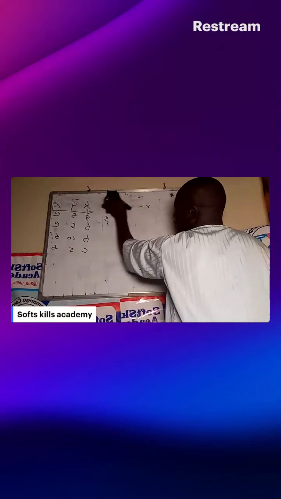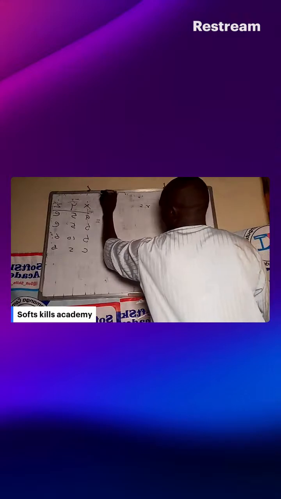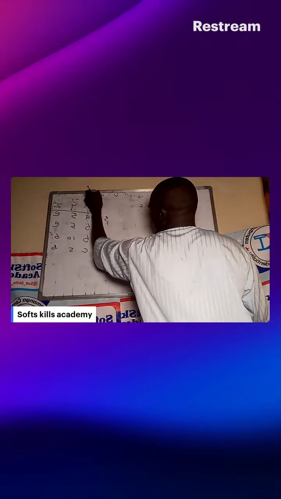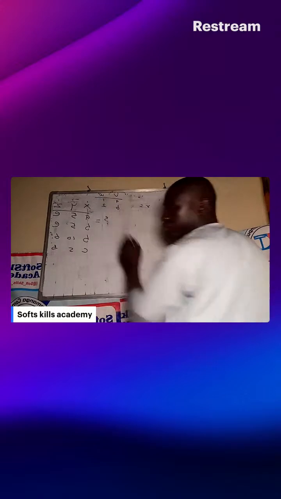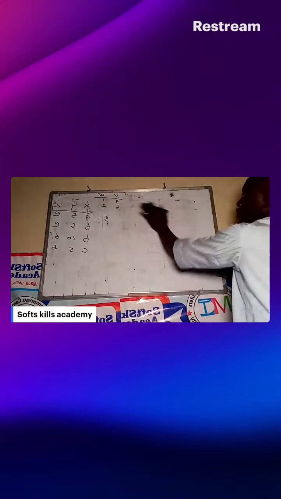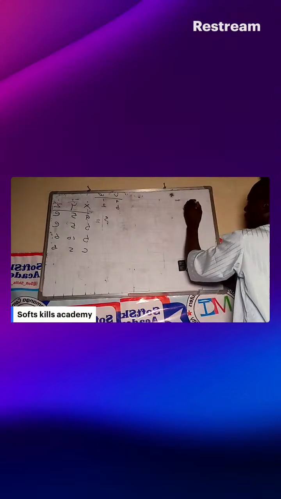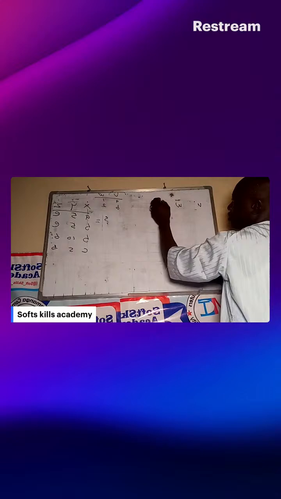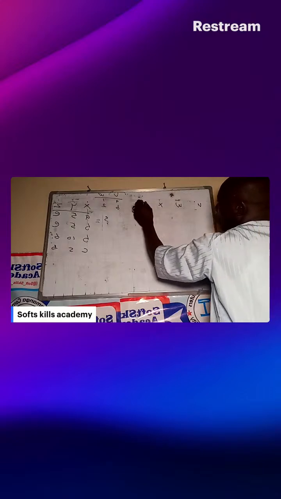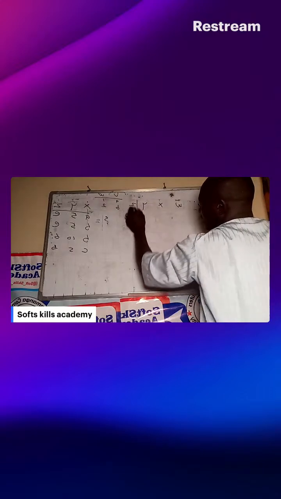Let's shift this to V, W as A, B, 1 and 2, right? So that we can have our V, W, X, Y, and Z here.